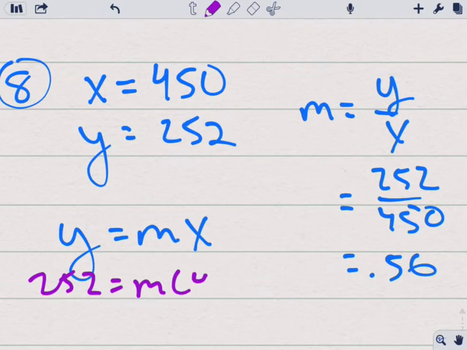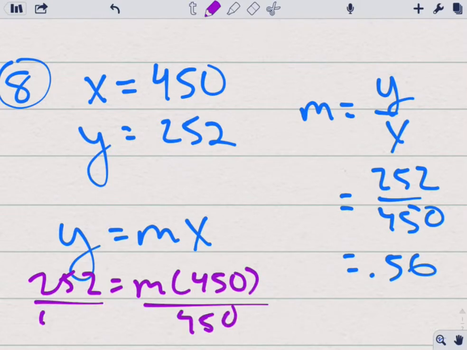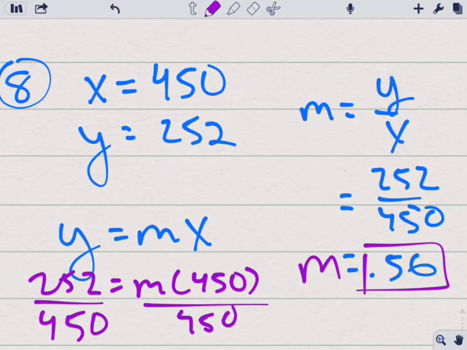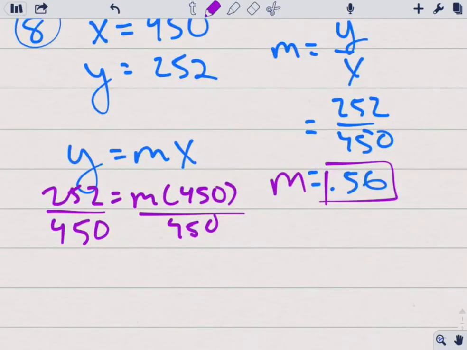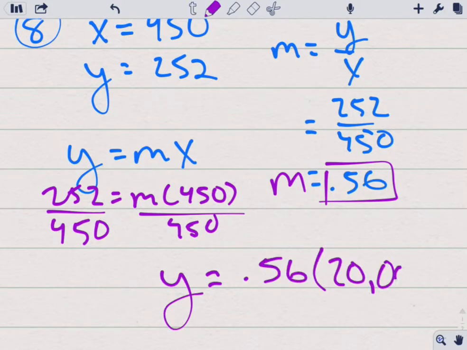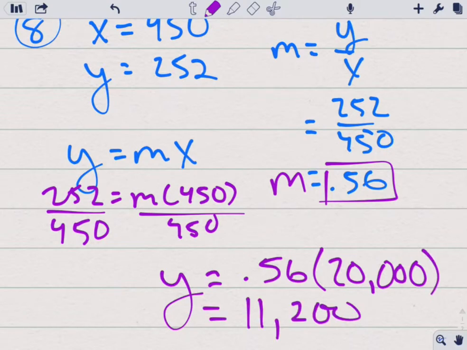You divide by 450, so you get 252 divided by 450. So there's our m. Now I can find my new voting amount. y equals 0.56 times 20,000, which is 11,200 voters. That's how many people they think will vote for this particular measure.